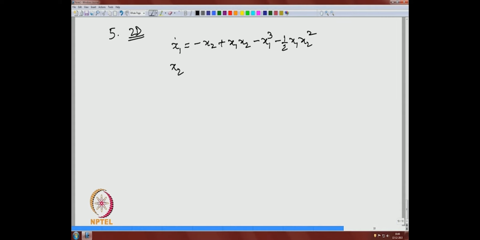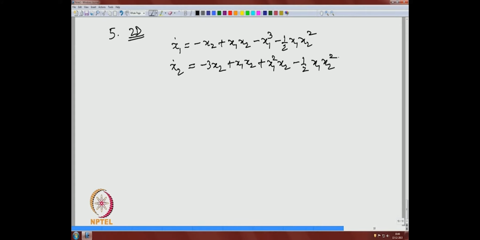And x2 dot is minus 3 x2 plus x1 x2 plus x1 square x2 minus half x1 x2 square.